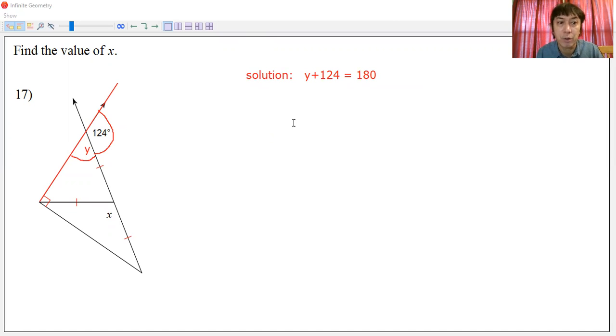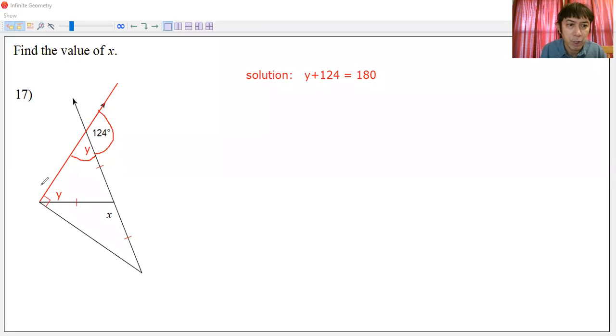We can use this working equation, and then, all right, what else can we do? You can check on this mark here. This mark and this mark shows this triangle is isosceles, and therefore the other angle here should also be y. Okay, y degrees.